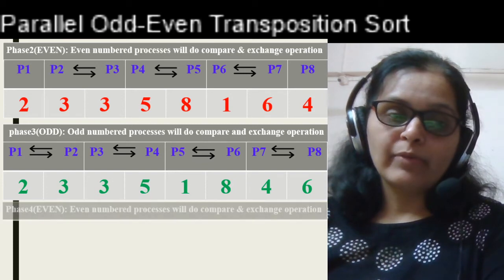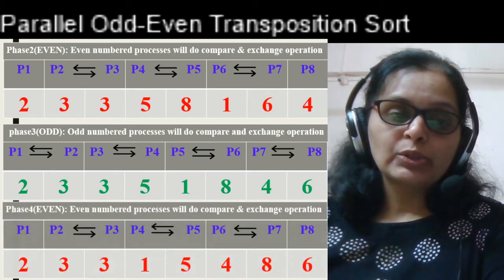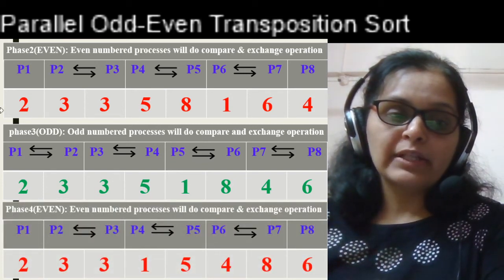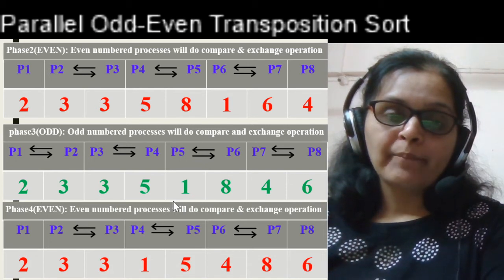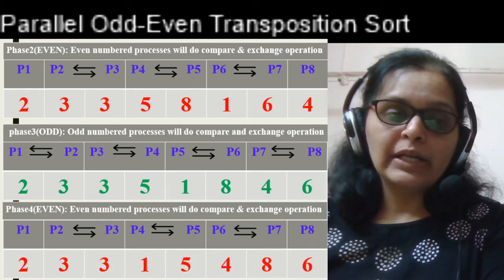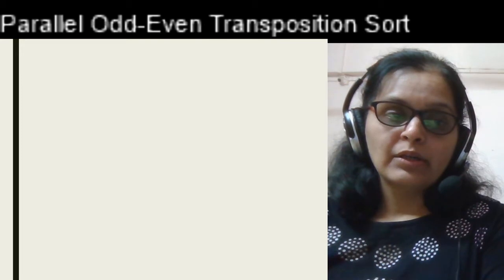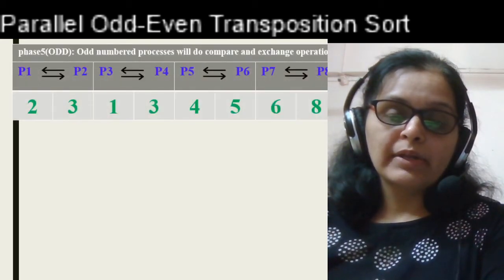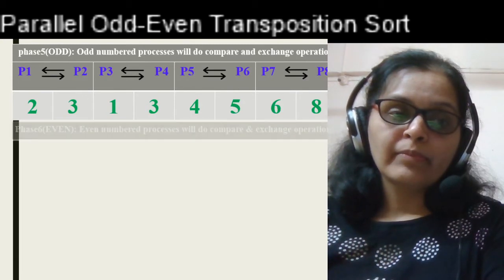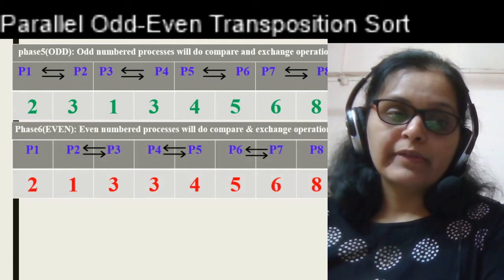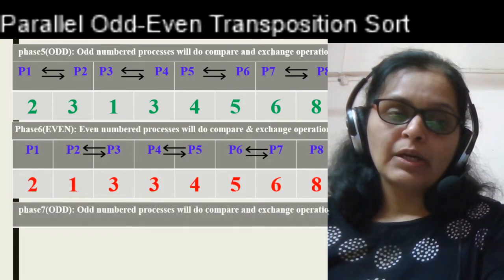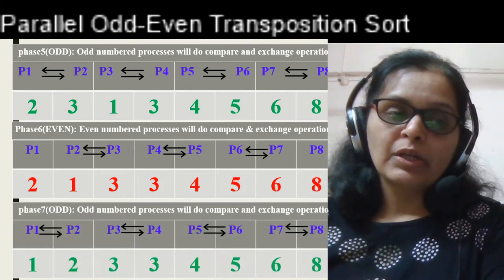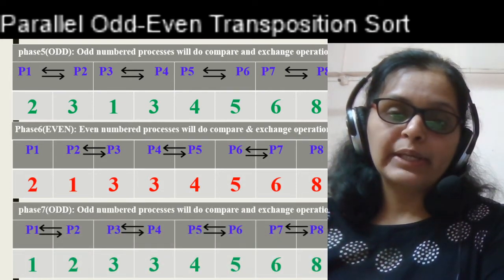Again it will be followed by even phase. So just please be with the simulation. Now let us go ahead. Again odd phase, again even phase, even phase, odd phase. So 7th phase we have completed. 7 phases.